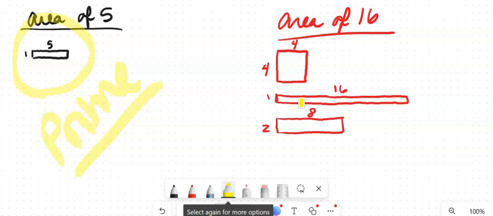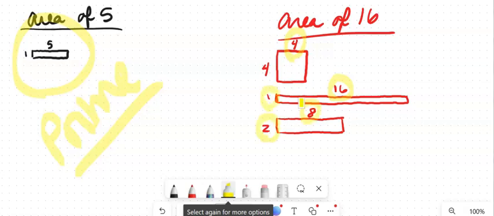You could also use 7 because a 1 by 7 is the only way to come up with an area of 7. When we consider a composite number, by definition, a composite number has more than two distinct factors. And so when I think about an area of 16, I get these multiple rectangles because 16 is divisible by 4, and 16, and 1, and 8, and 2.